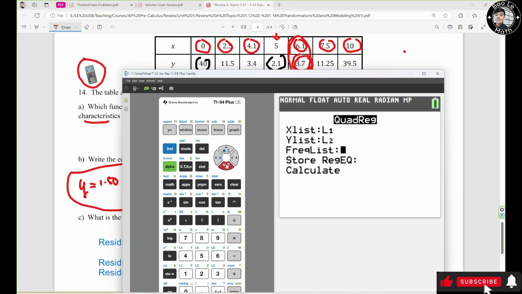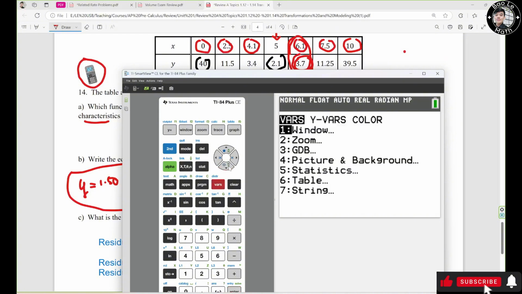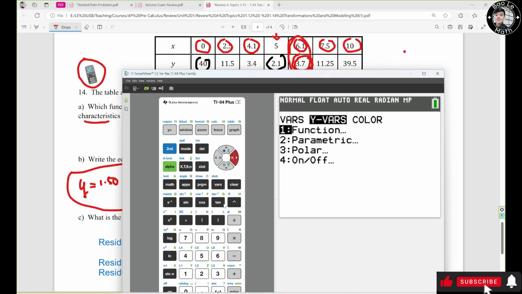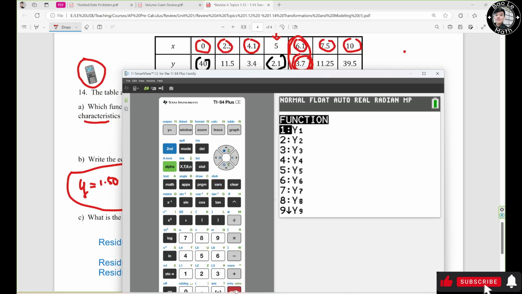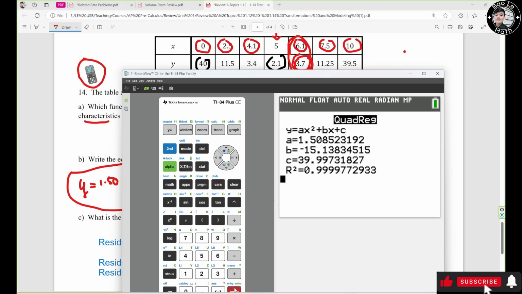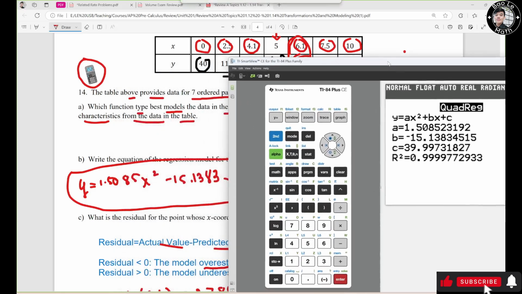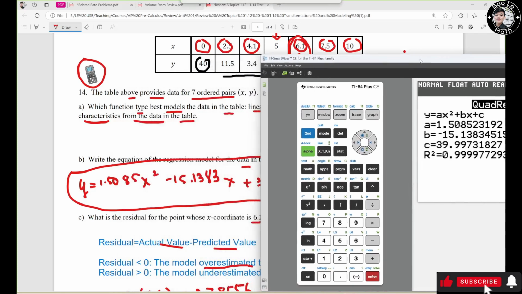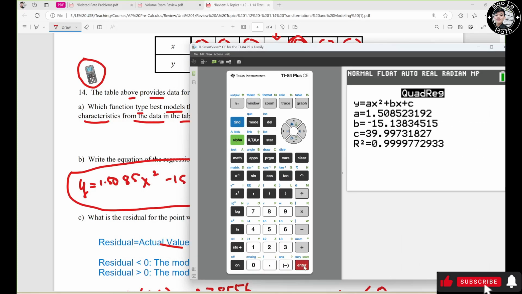Now I need to store the equation right here. I need to hit vars, Y-vars, function, Y1, hit calculate, and this is my answer for the quadratic regression, right? So it's going to be similar to this one, right?